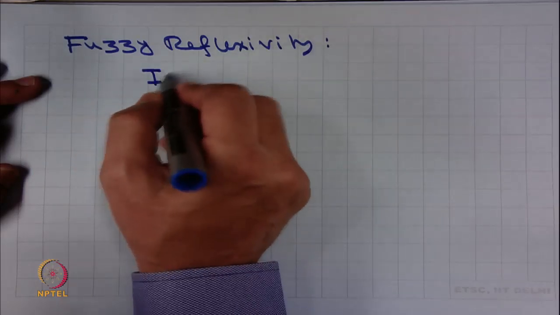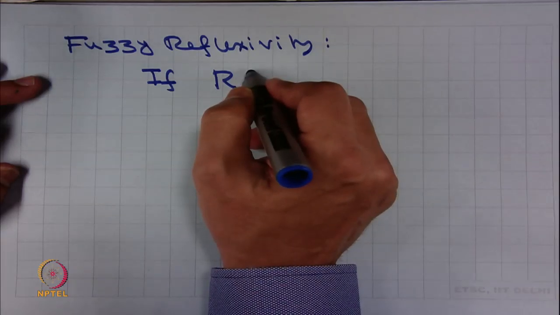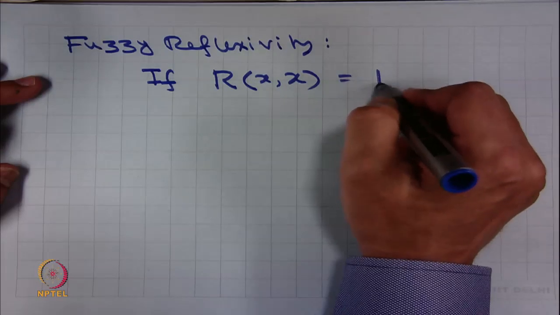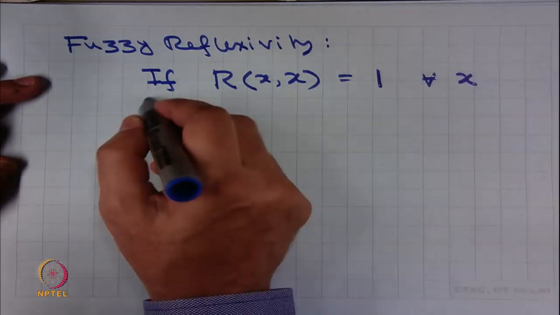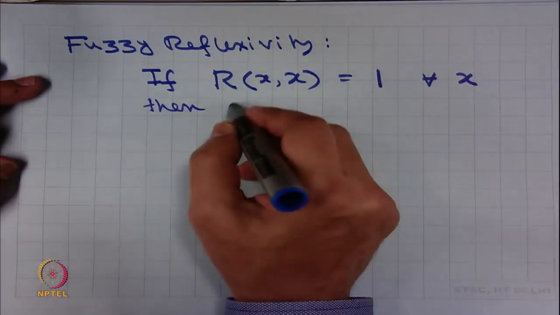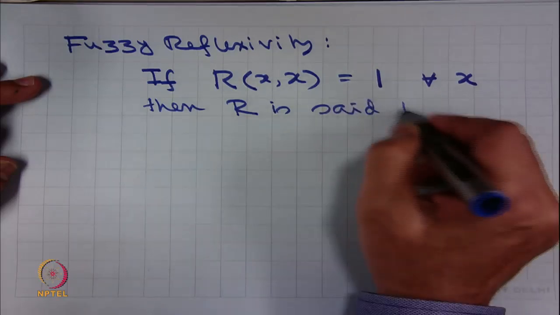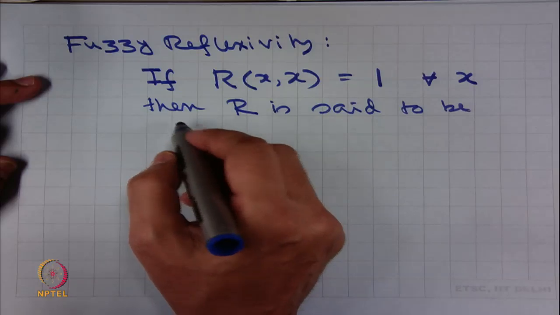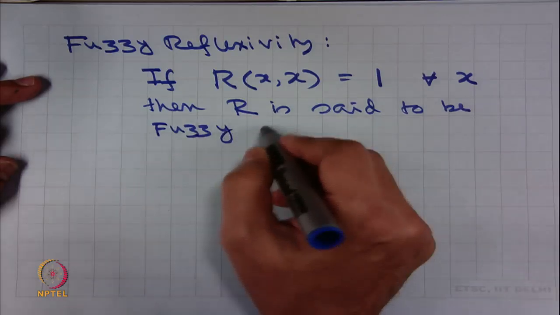If R(x, x) is equal to 1 for all x, then R is said to be fuzzy reflexive.